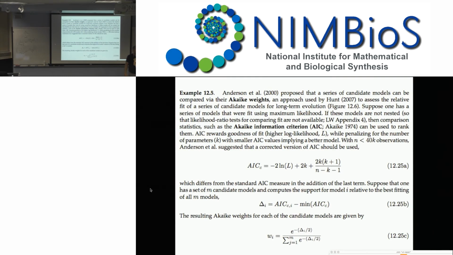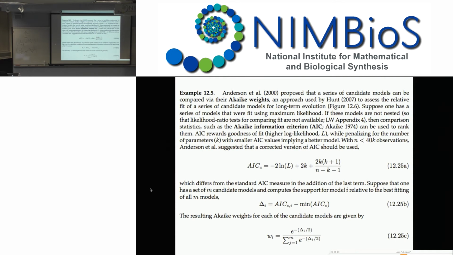Well, if you throw enough parameters, you can make things fit really well. So the penalty is here, and this is basically for sample size, because there's n. So the corrected AIC value for a model basically says if I fit k parameters, I've got n data points, I can look at the goodness of fit, and I can compute an AIC statistic.